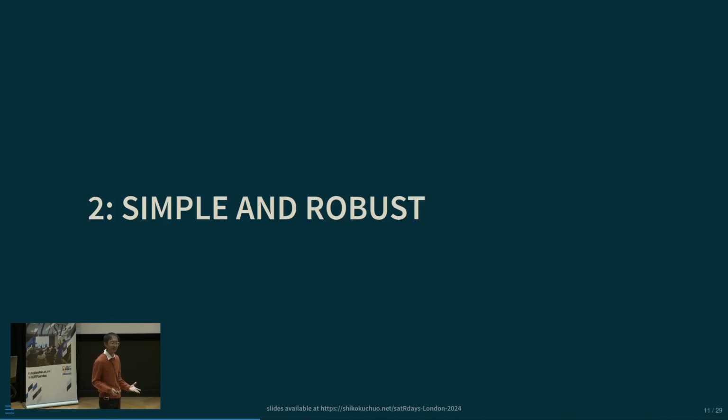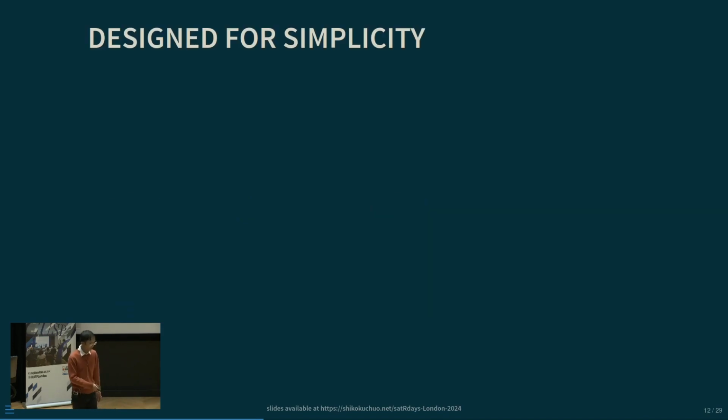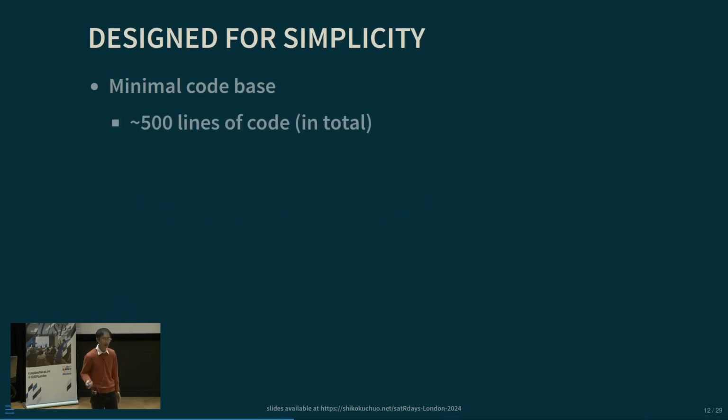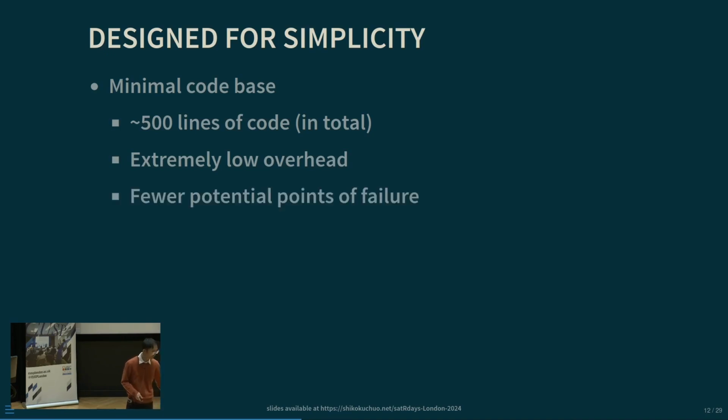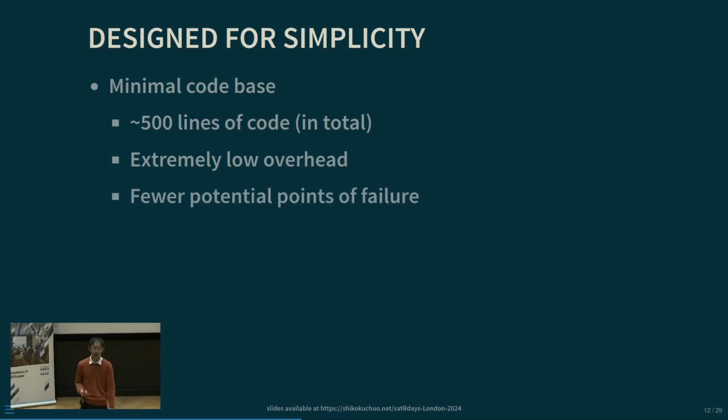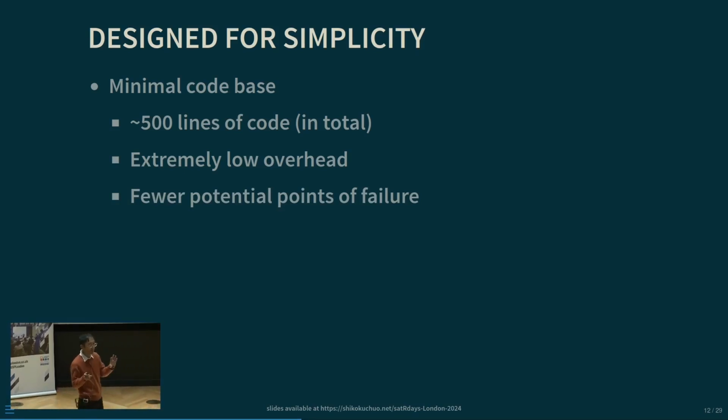And so some of these issues take a very long time to be resolved. But for Mirai, it's been designed for simplicity. So the code base is only about 500 lines of code in total. That in itself means that there's very little overhead. So we retain most of the performance gains that we saw earlier. And that also means that there are fewer points where things can fail in the package.